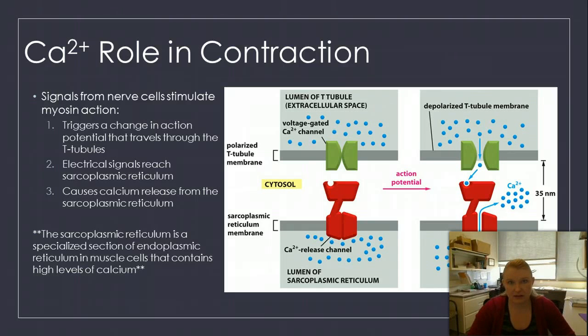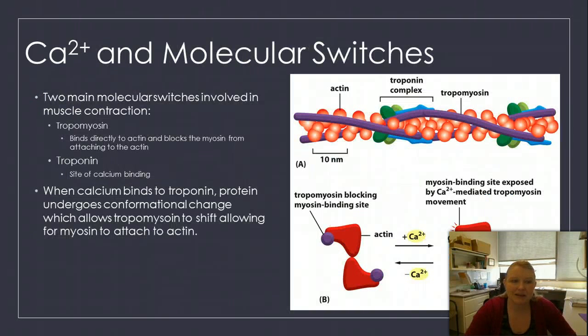Calcium will then serve as a secondary messenger, similar to the cAMP that we talked about in the intracellular signaling chapter, chapter 16. This calcium is going to travel to two molecular switches, and there are two parts to it: the troponin complex and the tropomyosin, and you can see this here on this slide. The tropomyosin has long regions that cover up the actin. This prevents the myosin from binding to it.